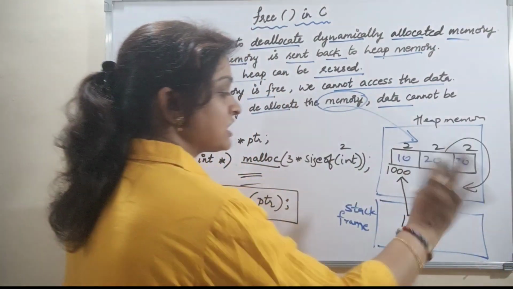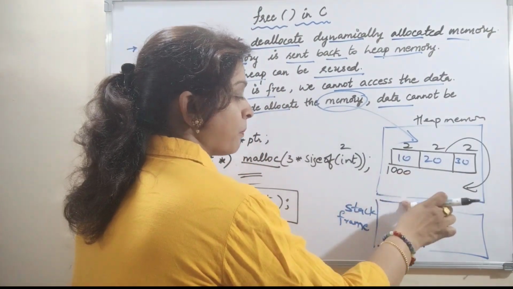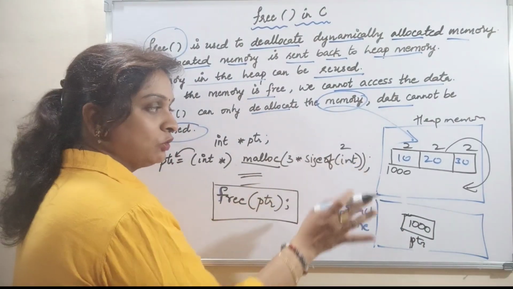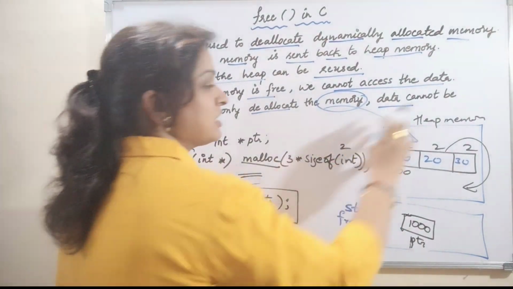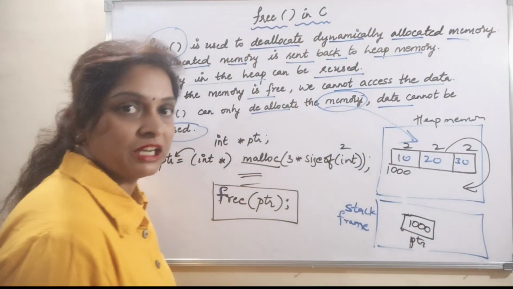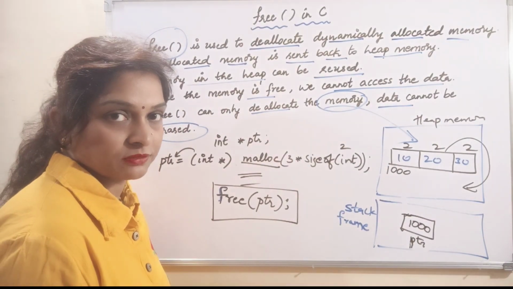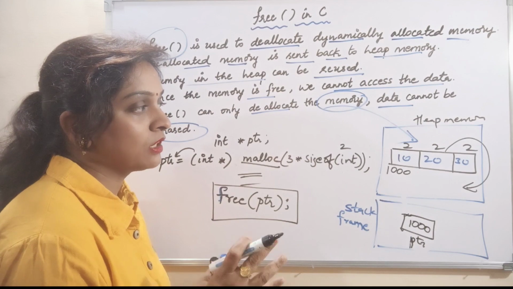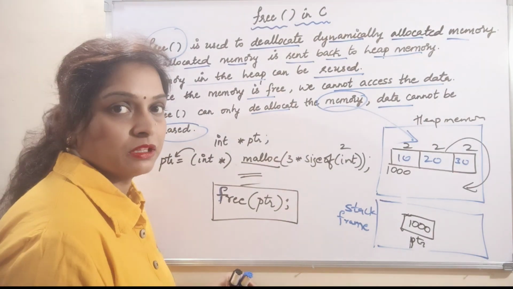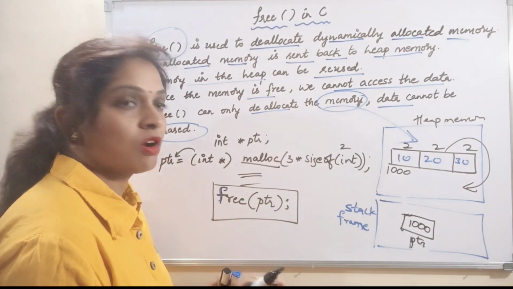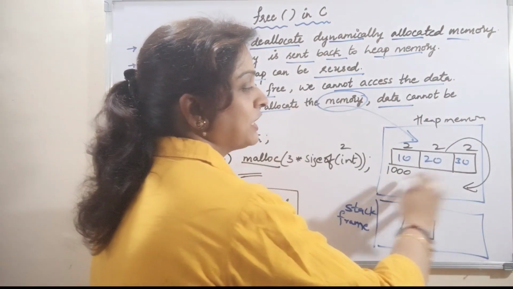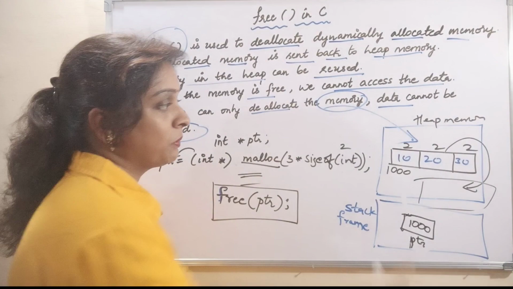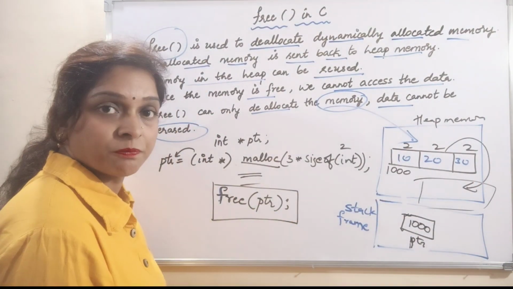So the memory is free. Now the pointer is pointing to that location, but it is not available now. It is deallocated, so that particular object is not available. That complete portion is not available. It is back to the heap collection, but the data remains as it is.